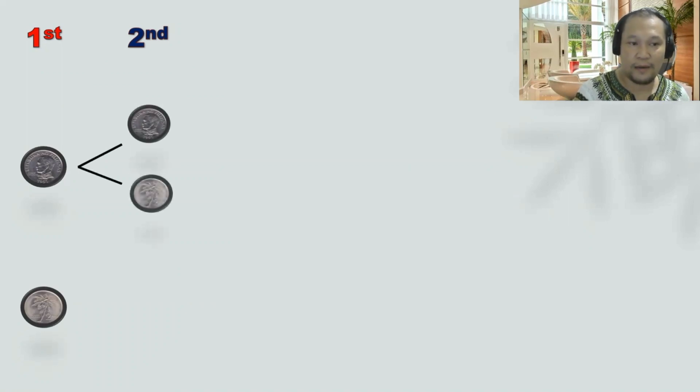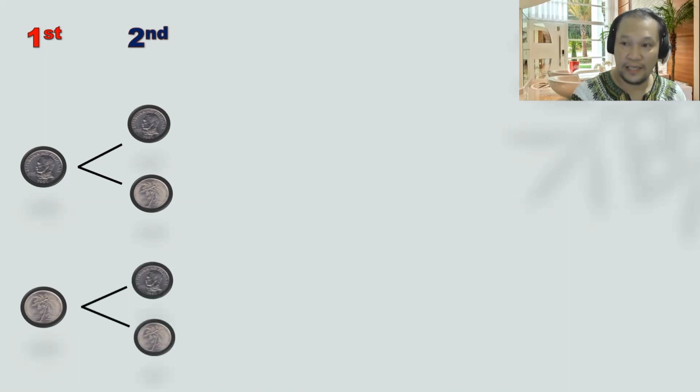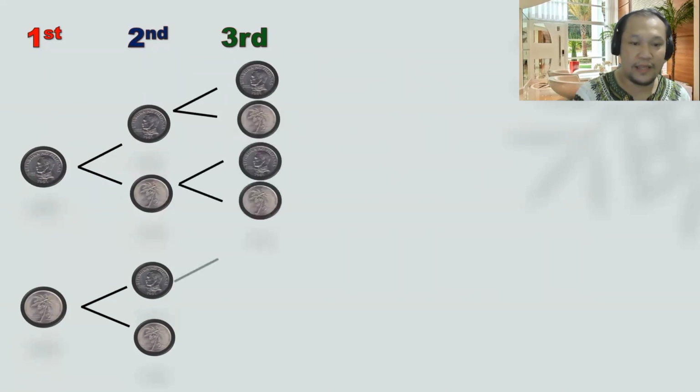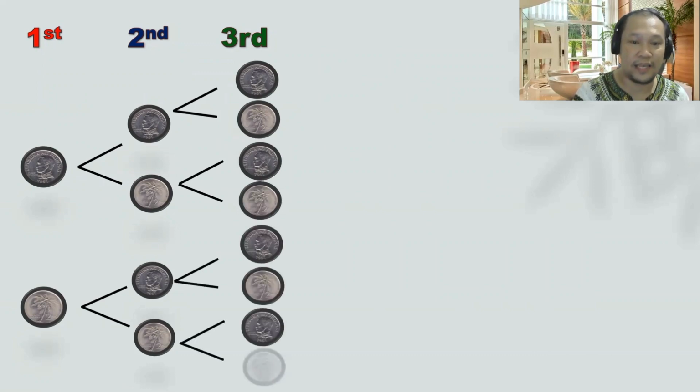Meaning the first flip can be head, and the second flip can be head also, or it can be tail. Then we also have head and tail for the second flip under the first flip of getting a tail. And for the third flip, we have head or tail, the same thing, head or tail, and then head or tail, and the last one is head and tail.